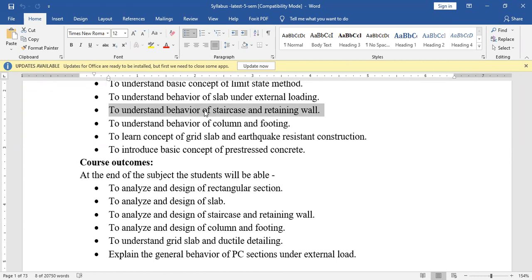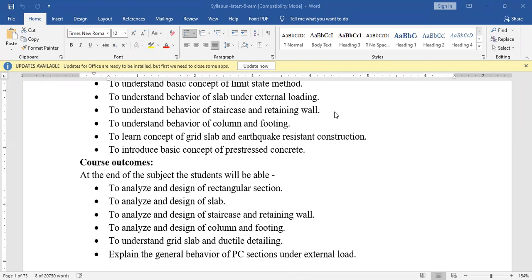Apart from that, you can go with the lift or the escalator, but if we talk about the staircase, there are many types of staircase as well. There are different types of retaining wall as well.